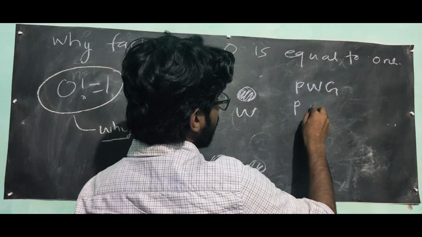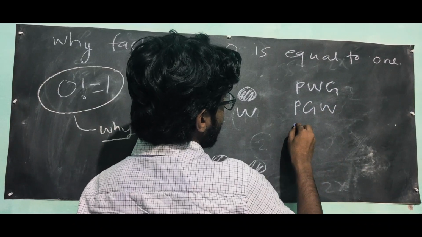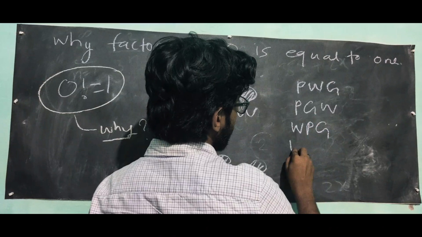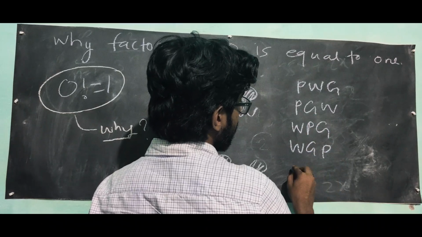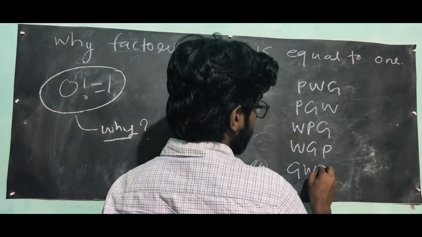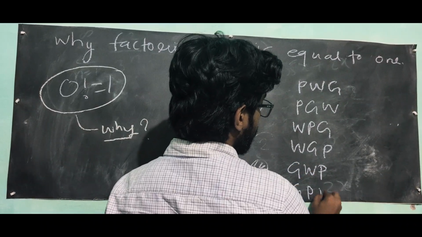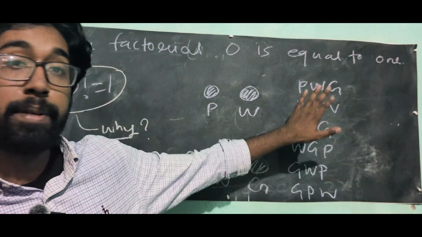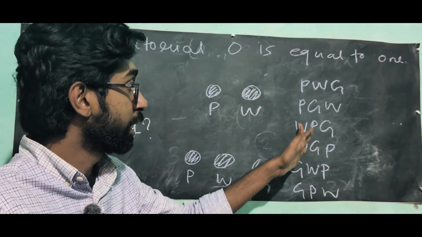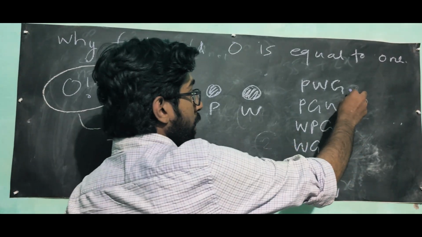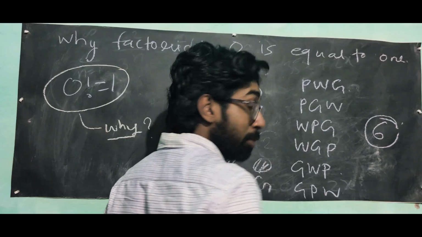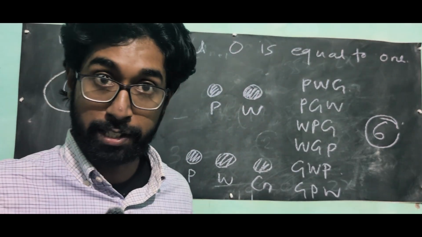Then purple, then green, then white. Then white, purple, green; white, green, purple; green, white, purple; and green, purple, white. So these are 6 ways: 1, 2, 3, 4, 5, 6. Three objects can be arranged 6 ways.